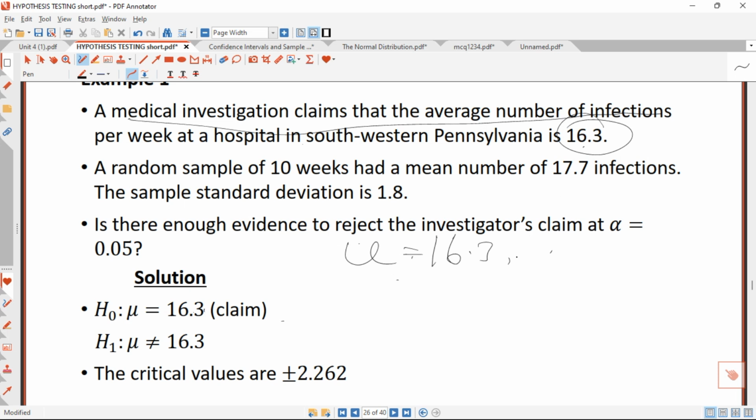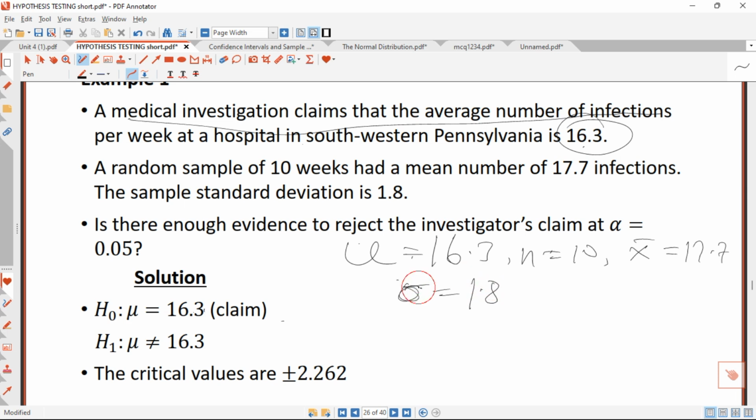So the sample here, our n will be 10. Note, the n is not degrees of freedom, right? The n is the number of observations, right? So here our n is 10, and our sample mean is 17.7. Then he said the sample standard deviation, so here our sample standard deviation is also given as 1.8.